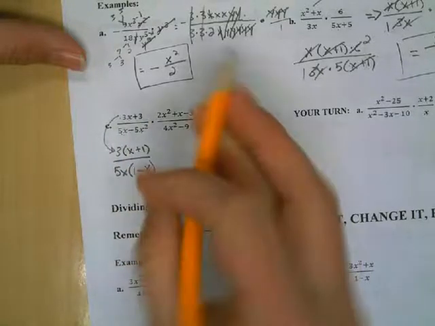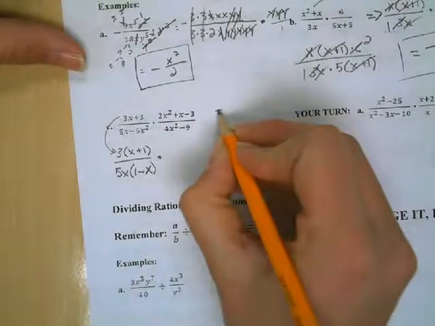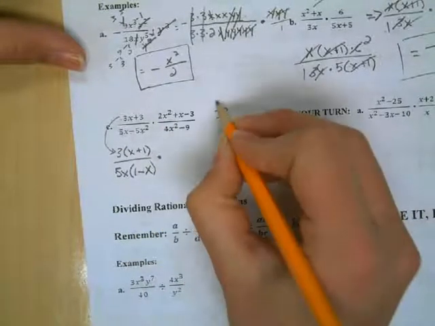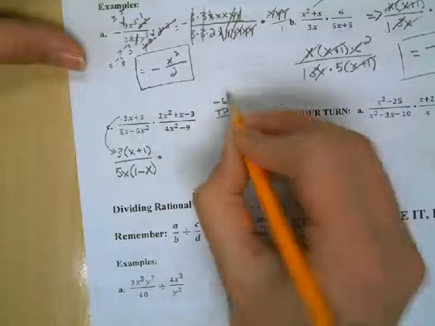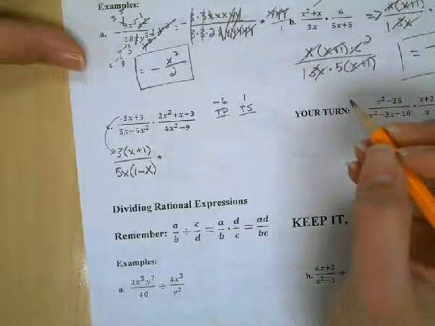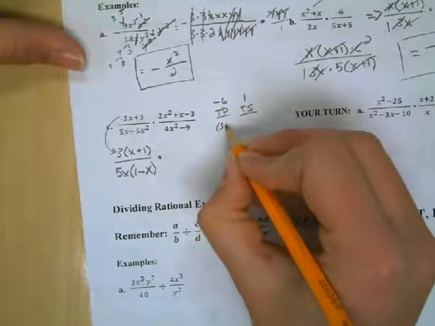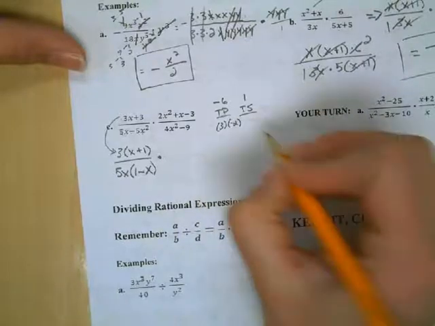We'll take a look. Here, target product, target sum. I'm going to do this off to the side. Target product is -6, 2 times -3. Target sum is +1. So I've got +3 and -2, which would multiply to -6 but add to +1.